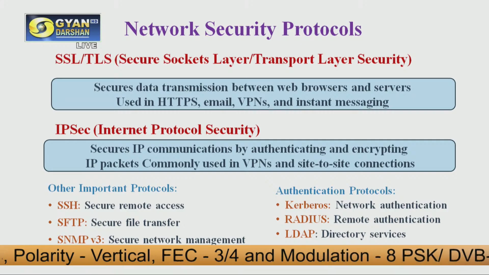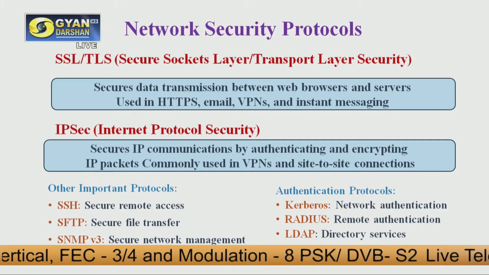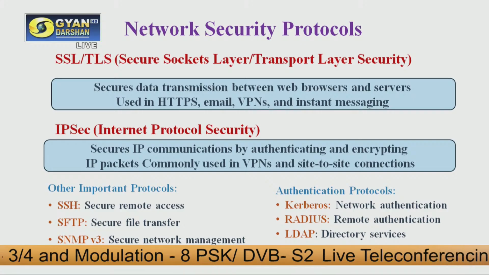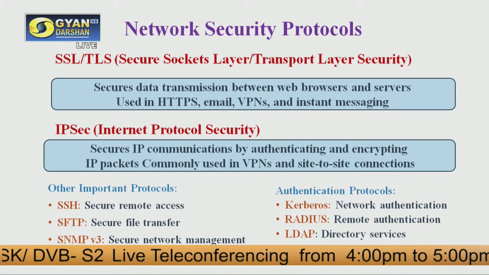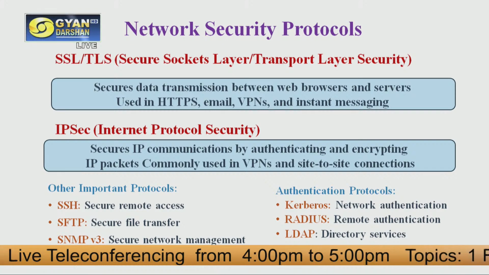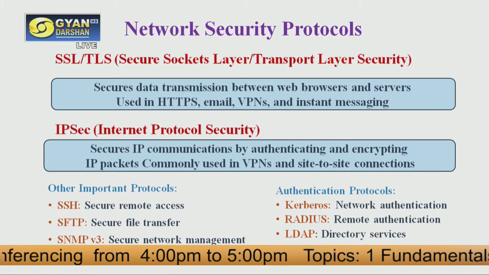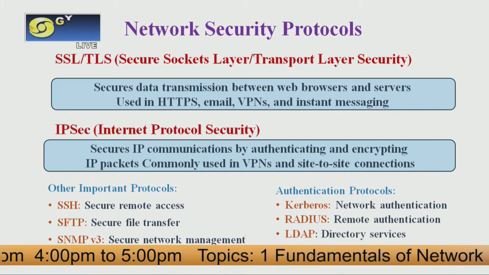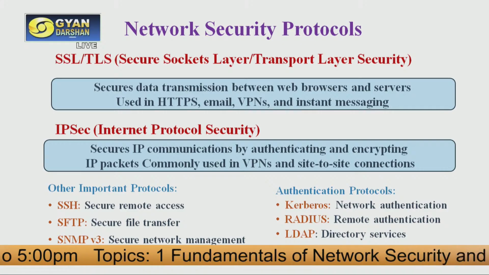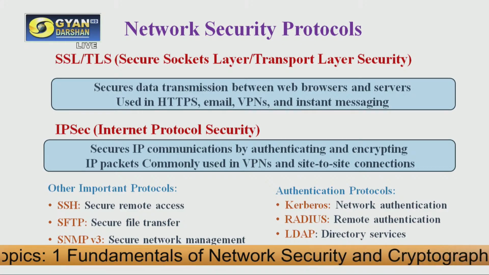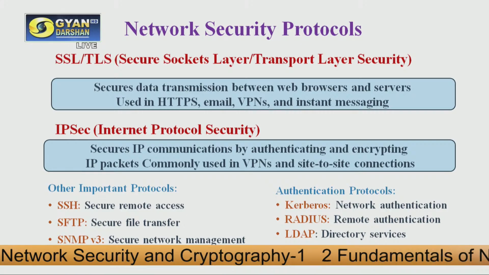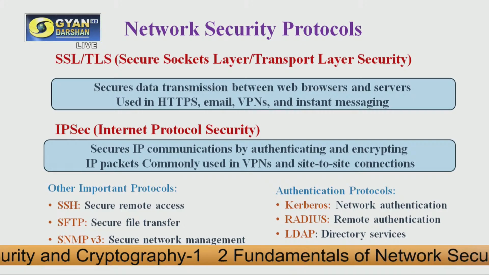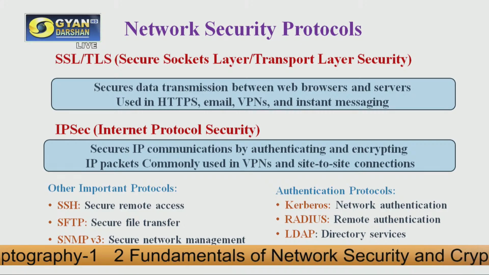SSL works at the presentation layer, layer 6, and TLS, Transport Layer Security, works at the transport layer, layer 4. They are used to secure data transmission between web browsers and servers, like in HTTPS, email, VPNs, virtual private networks, and instant messaging like WhatsApp and Snapchat.